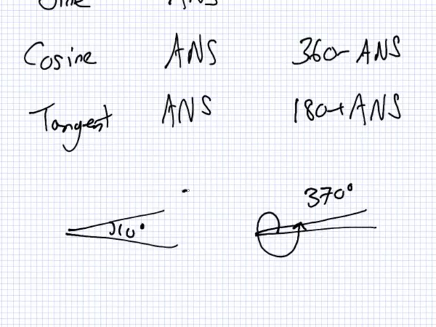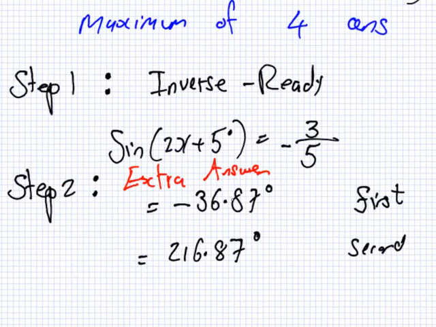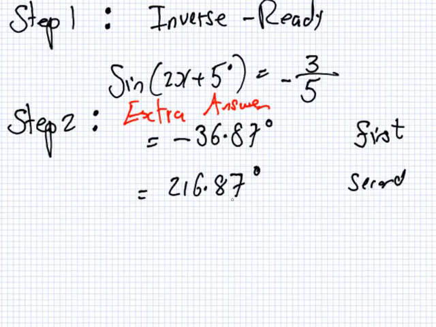So my point is, if I add 360, it makes another answer, which is a different number, but it still works. So if you need to make more answers, you can just add 360 to the 2 answers you have.